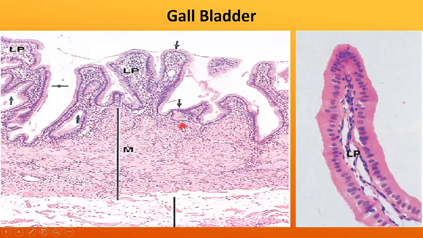Now this is a still image of the histology of the gallbladder. The gallbladder mucosa is thrown into temporary folds and the epithelium consists of a lining of a single layer of tall columnar cells. Each cell has basal oval-shaped nucleus and an apical part having a brush border due to the presence of microvilli.